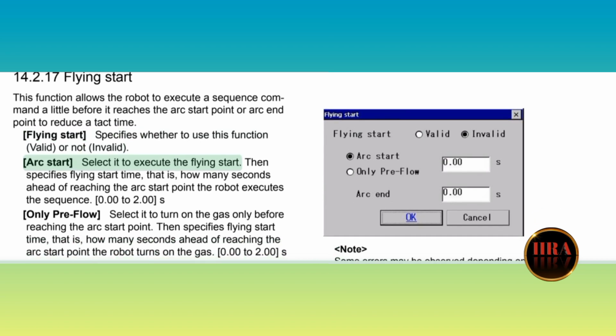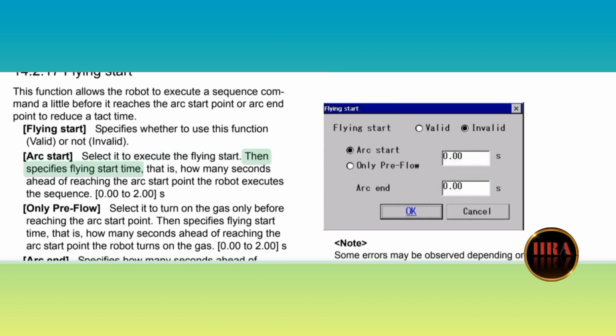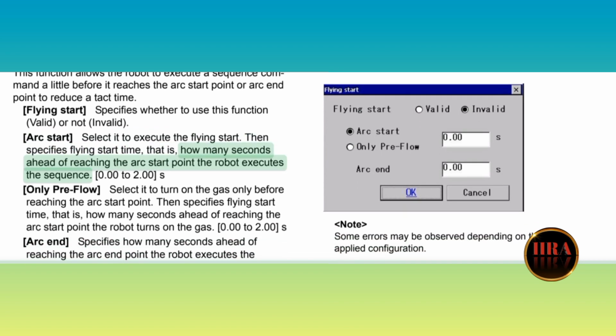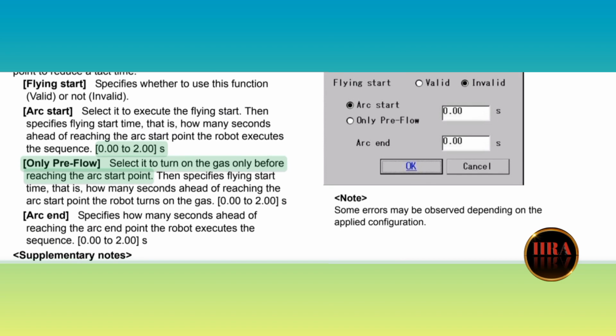Arc start, selected to execute the flying start. Then specifies flying start time, that is, how many seconds ahead of reaching the arc start point the robot executes the sequence. 0.00 to 2.00 s.